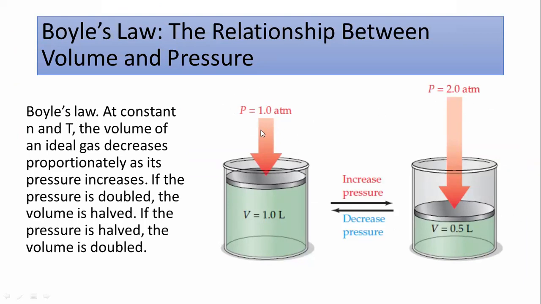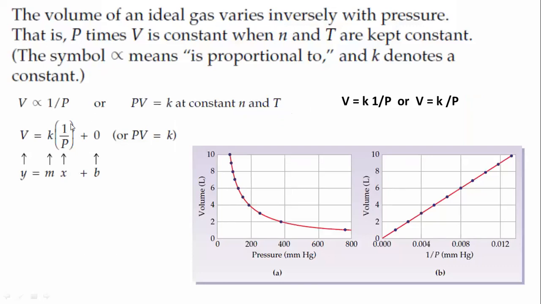That means the volume depends on the pressure, and that's why I'm writing that the volume is inversely proportional to the pressure. The volume is the dependent variable and the pressure is the independent variable.